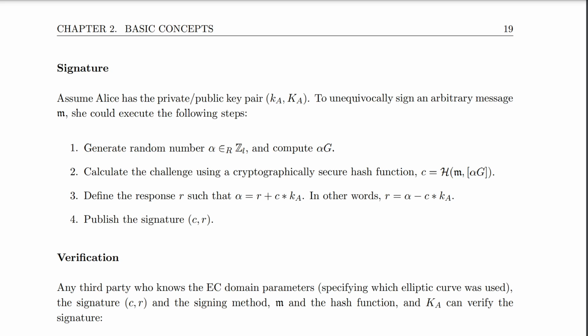And then define the response R so that alpha equals R plus C times the private key. Or, in order to calculate R, you just set it to alpha minus that same term. And then you publish your signature, which includes the challenge and response.